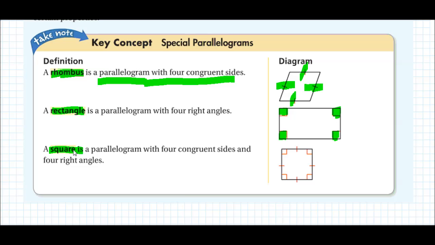A square is basically a rhombus and rectangle put together. It is a parallelogram with four congruent sides and four right angles. So we've got rhombus, four congruent sides; rectangle, four right angles; and a square with four congruent sides and four right angles.